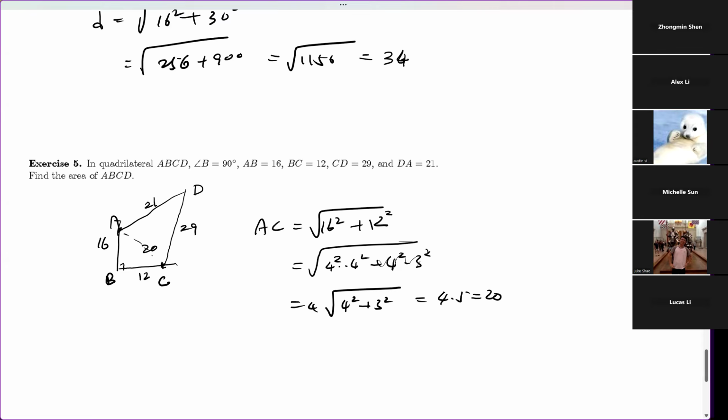In general, the first thing we try and double check is whether this is a special right triangle. If it's a special right triangle, then the problem is much easier. If not, we have to learn another formula, because the triangle ACD is already fixed.